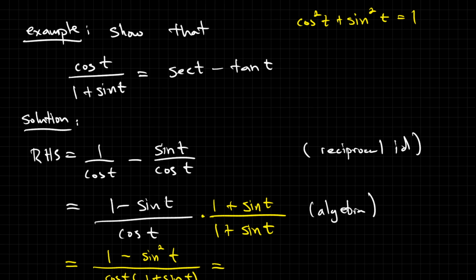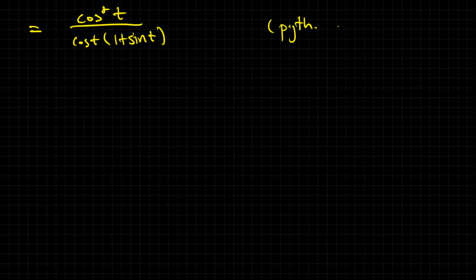Let's actually go ahead and continue this on a new page. So the numerator is cosine squared t divided by cosine t times 1 plus sine t. And so this was the Pythagorean identity. And now cosine squared t divided by cosine t, that's just cosine t. So this is cosine t over 1 plus sine t.